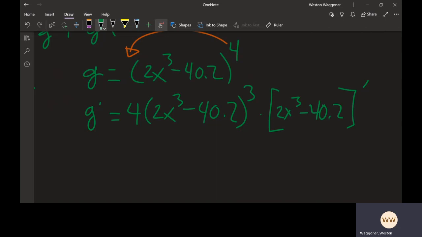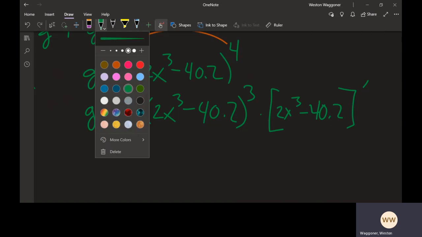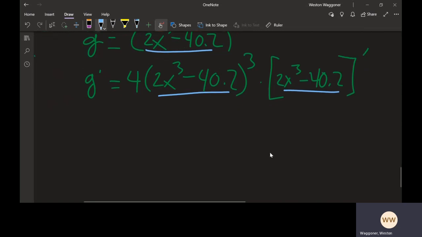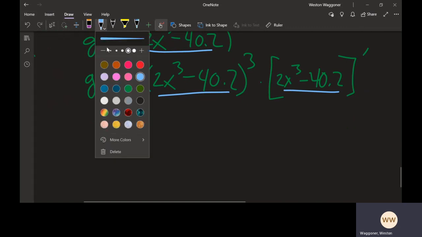We're just taking exactly what's on the inside. So what we have on here is going to be out here. That's the part of the function that doesn't really change. So we do the power rule, and then, because of the chain rule, we take the derivative of what's on the inside.